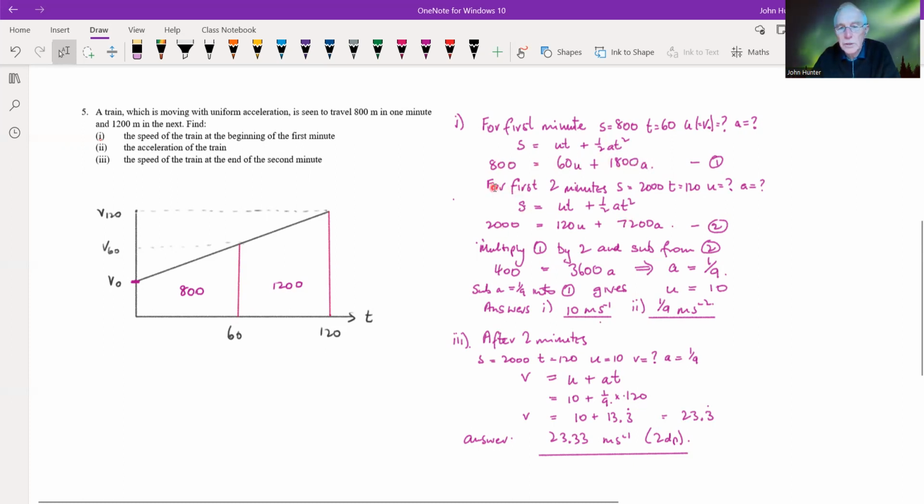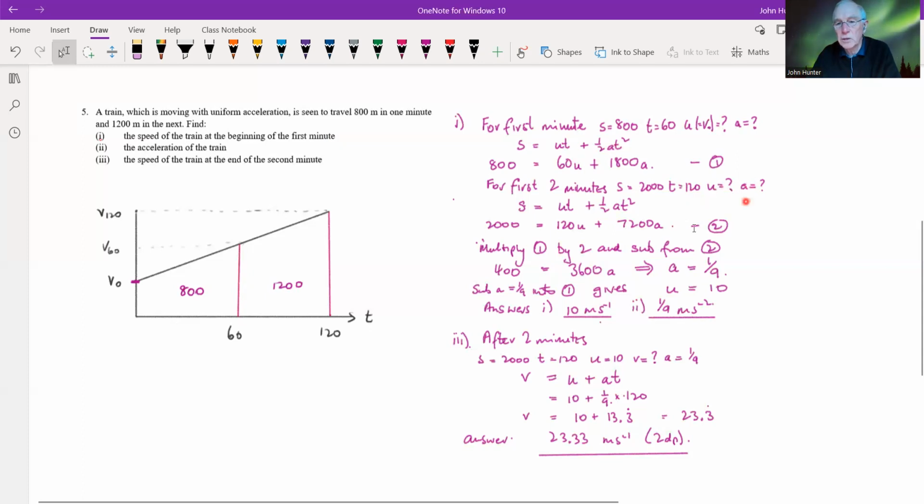Well, if we now have a look at the first 2 minutes, now there are different ways of doing this, but the easiest way, I think, is to aggregate these two. So we're looking at 2 minutes of travel, so that's 2,000 meters, 120 seconds. We still don't know the initial velocity.